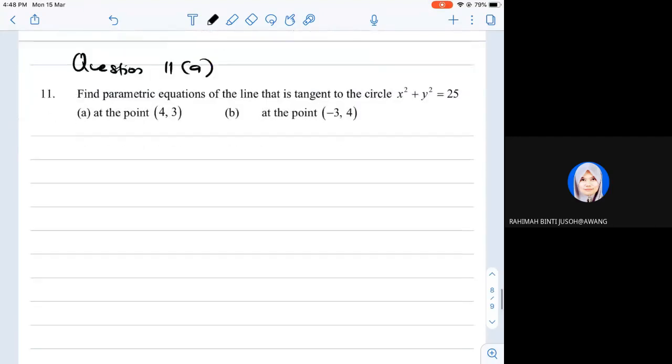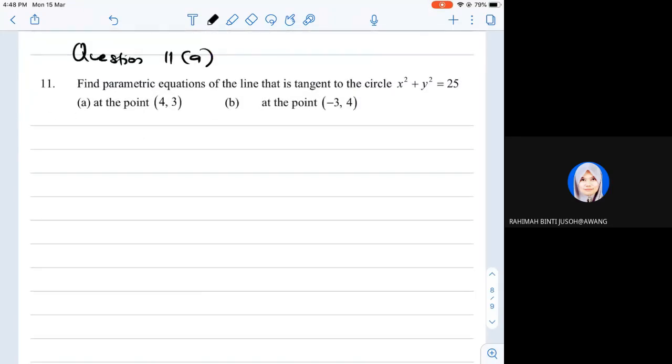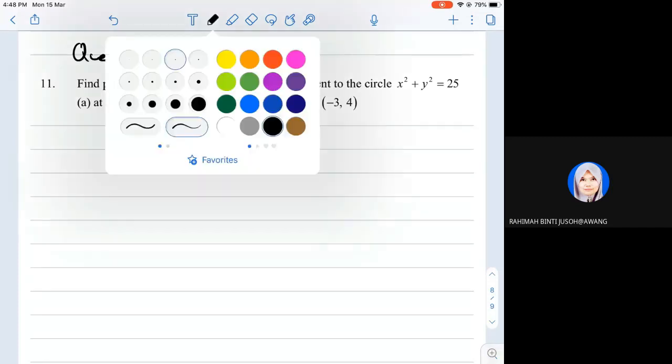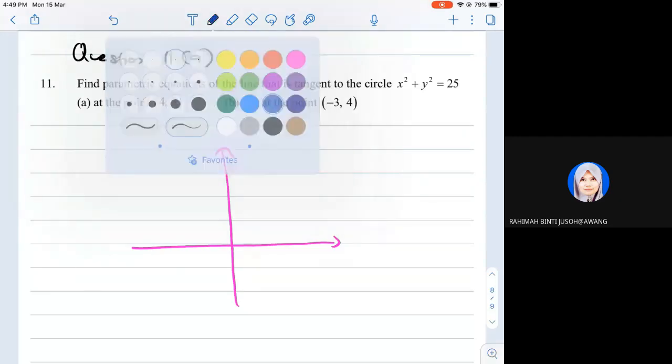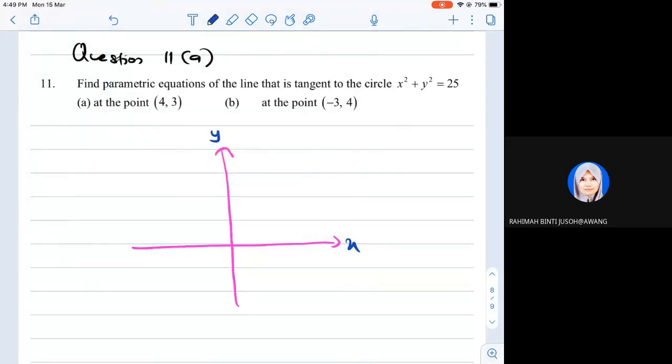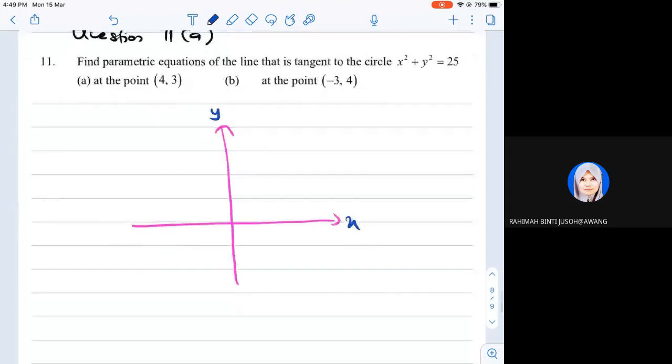Okay, first of all, we have a circle, X squared plus Y squared equals to 25. So we have one circle. This is X, this is Y. What's the radius of this circle, guys?